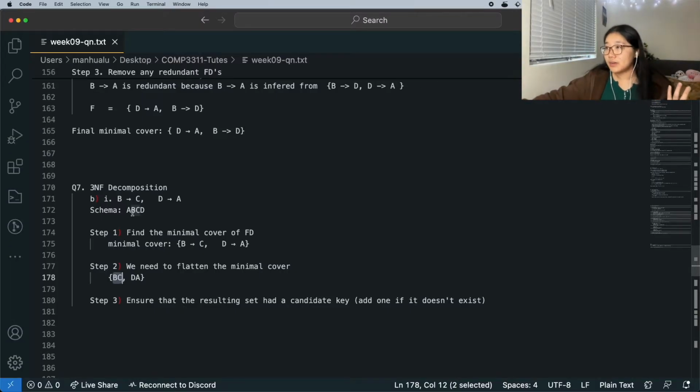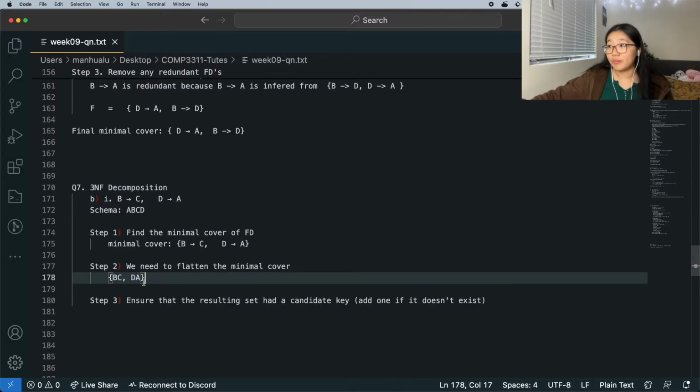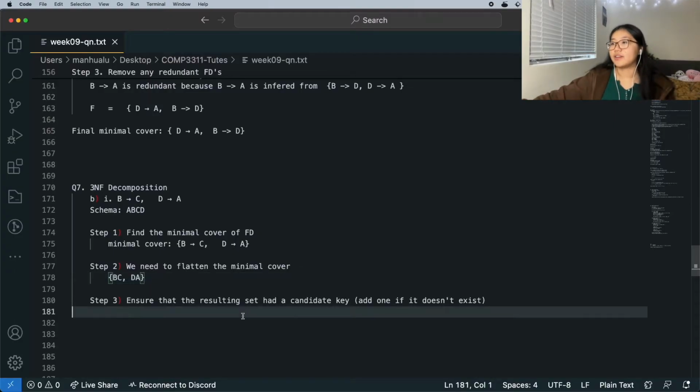Well, BC, from B, we can get C already, so it's not really necessary to have C there. But we're not able to get D or A at all with just these two, right? So that's not a candidate key. How about DA, right? So D gives us A, but we're not able to get B or C from D or A. So it's also not a candidate key. So we do have to look for a candidate key.